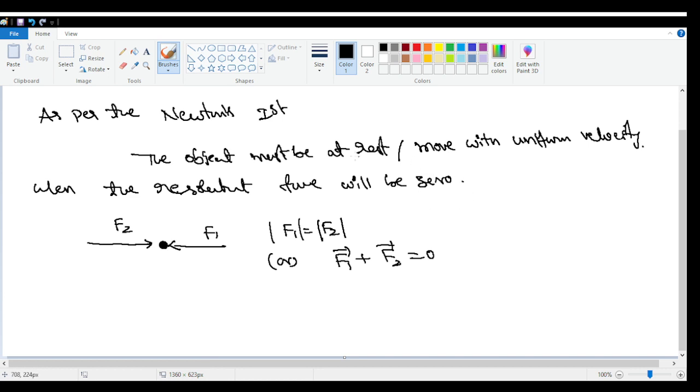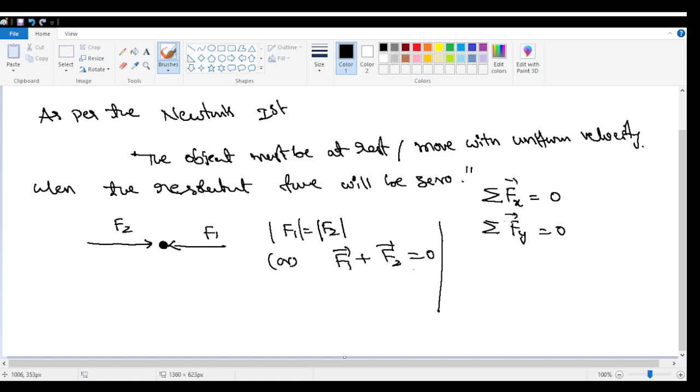The above statement can be written as: the sum of all forces acting in the x direction must be 0, the sum of all forces acting in the y direction must be 0.